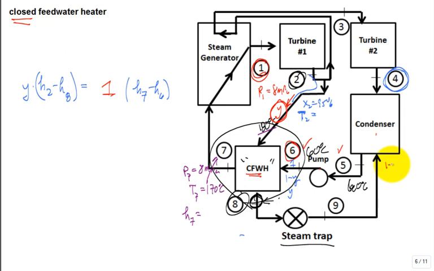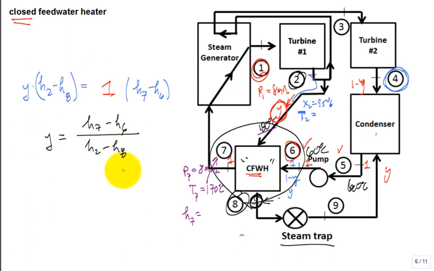This was 1 minus Y. This was Y. This is 1 minus Y. And when you add them together, you're back to 1. 100%, 100%, 100%. Makes sense? So guess what? The equation for Y for this closed feed water heater is a lot easier. It's just H7 minus H6 divided by H2 minus H8. I should say easier to rederive.